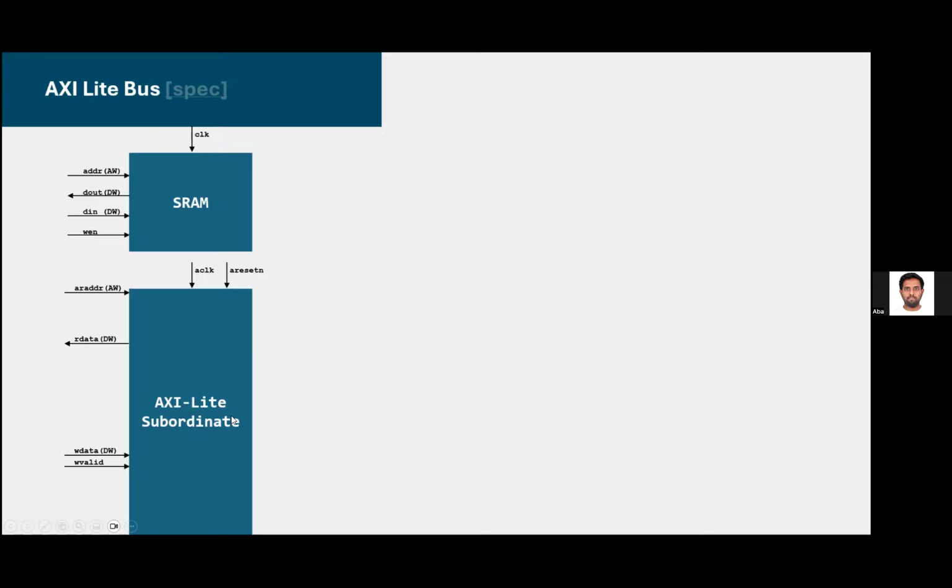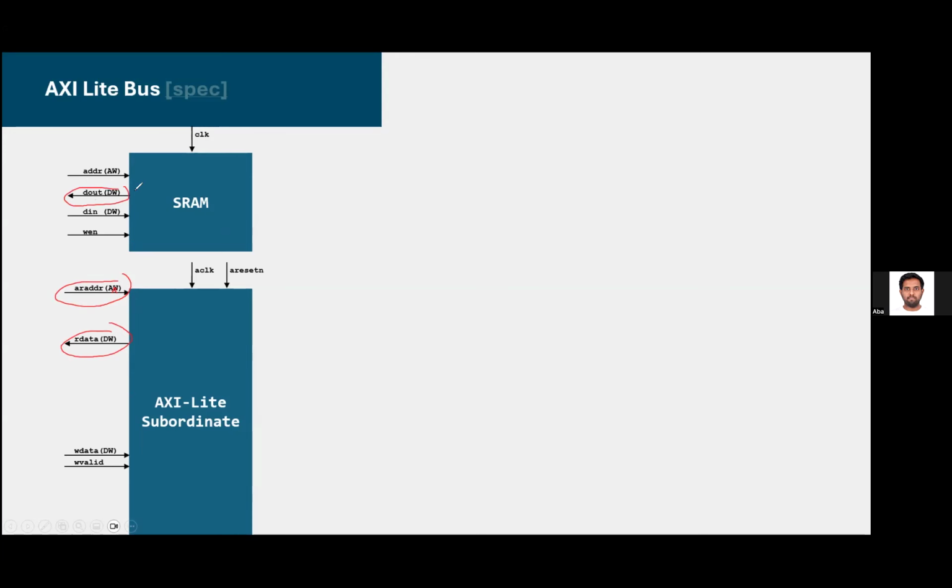The AXI subordinate has this ACLK and ARESETn. These are from the spec. Similarly, you have the read address, AR. Then you have R data, which is the read data that goes out, similar to D out.